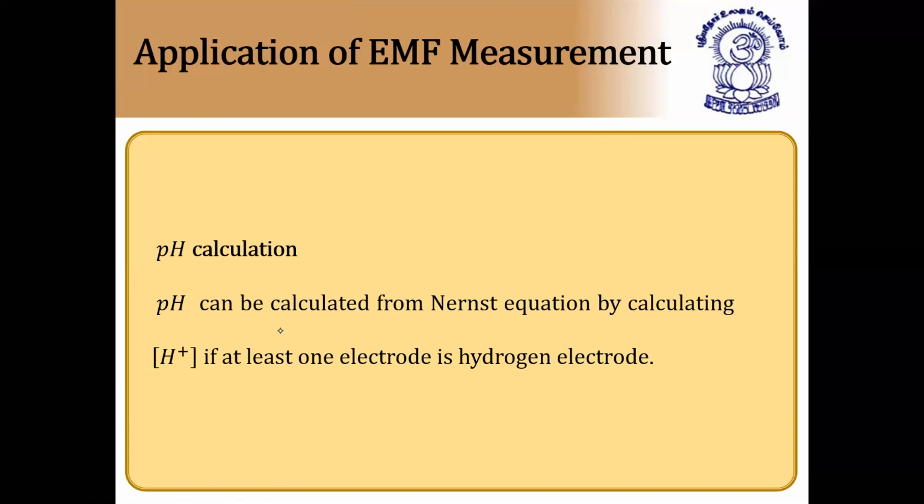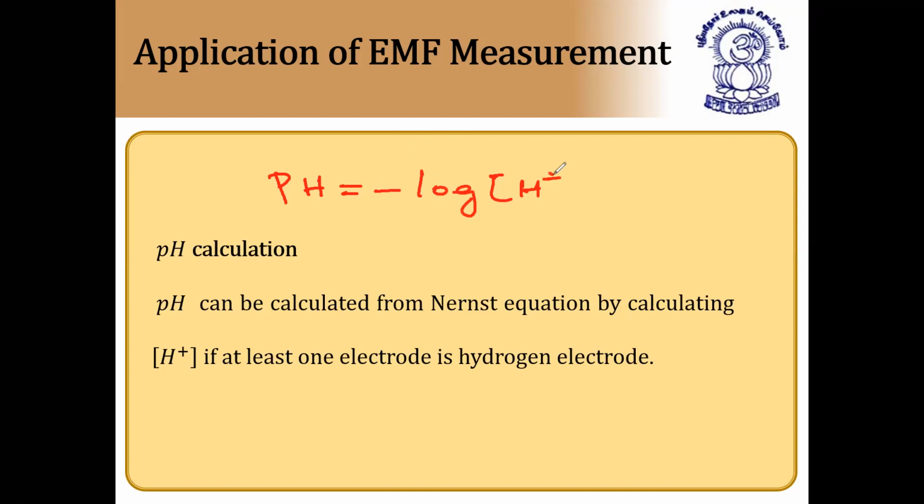And by calculating H plus concentration, we can calculate pH, because pH is equal to minus log of concentration of H plus. So this is clear.